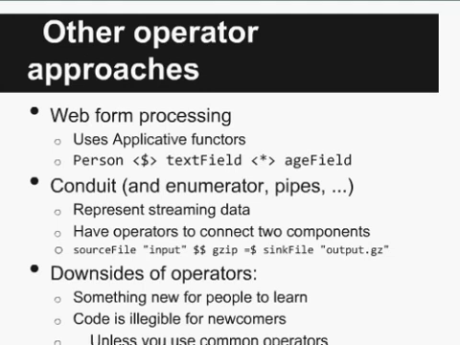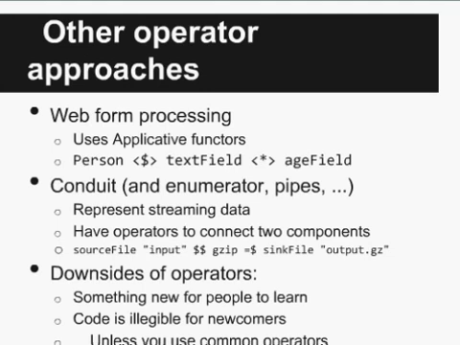So the line of code you see there, person, text field, age field, is slightly simplified from what we actually have because we have a few more settings that need to be applied. But it does get across the point. We're able to declaratively state that we want one field which is going to be text, one field which is going to be age, or an integer, and we want to take these two things and put them into the person. This is a drastically simplified approach versus many other form libraries that are out there.